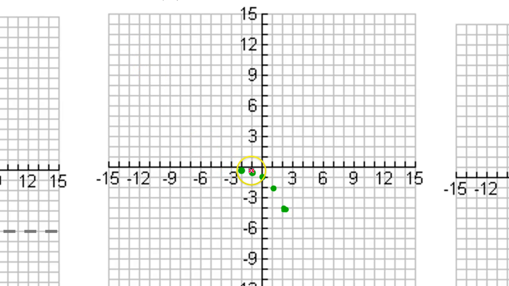Okay, so right 1 and up 1, 2, 3, 4. Okay, and then this will be here, and this will be here.